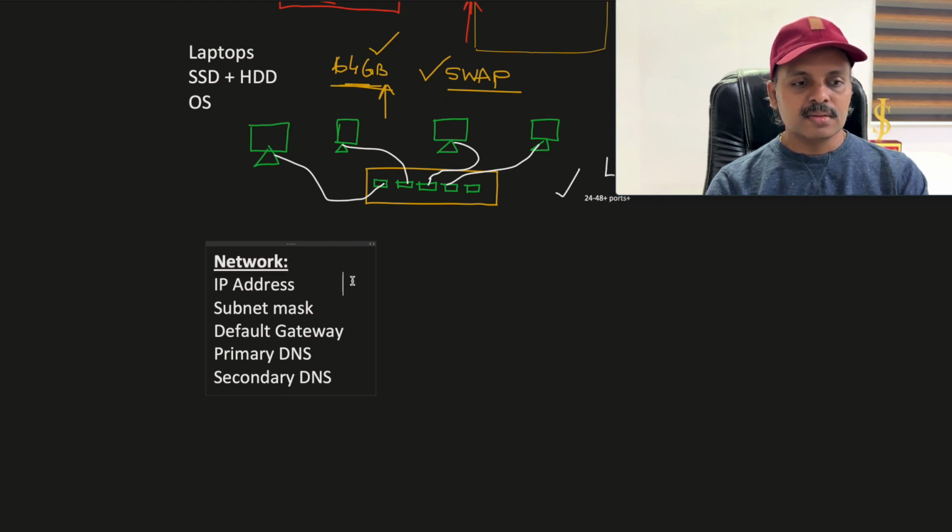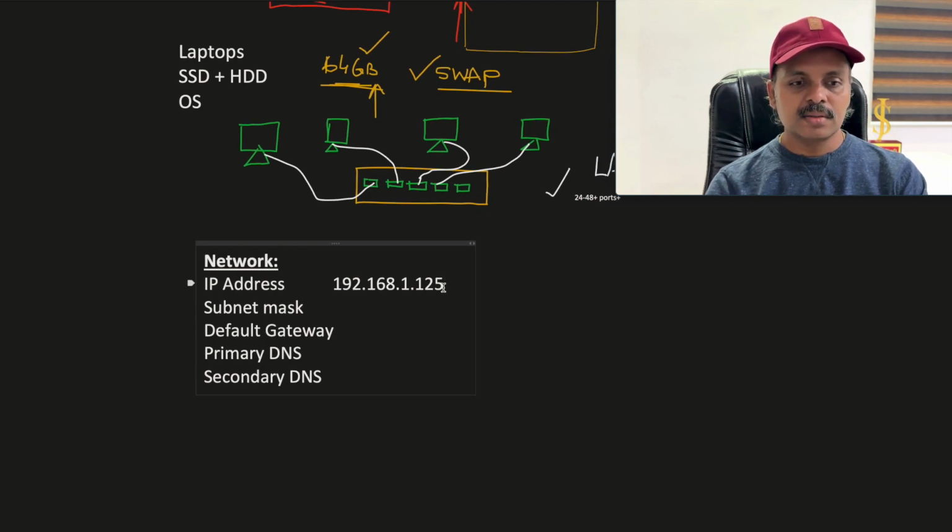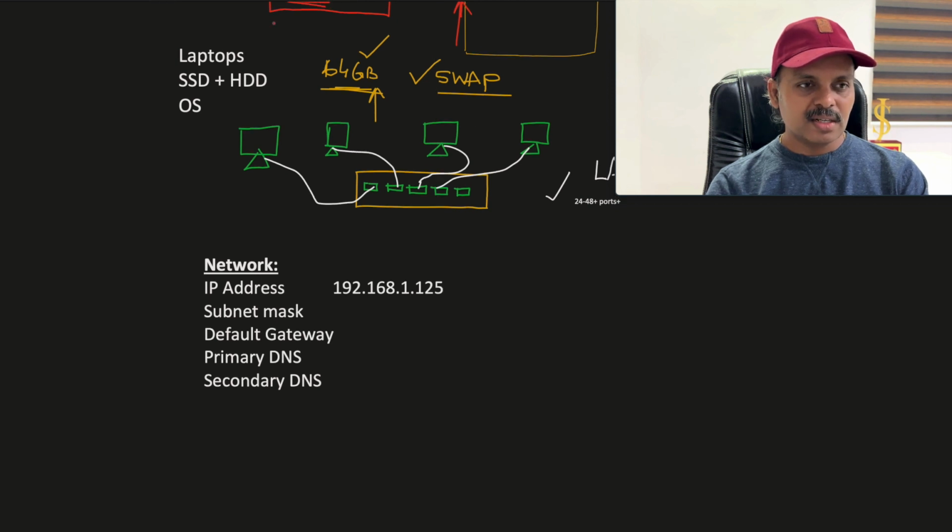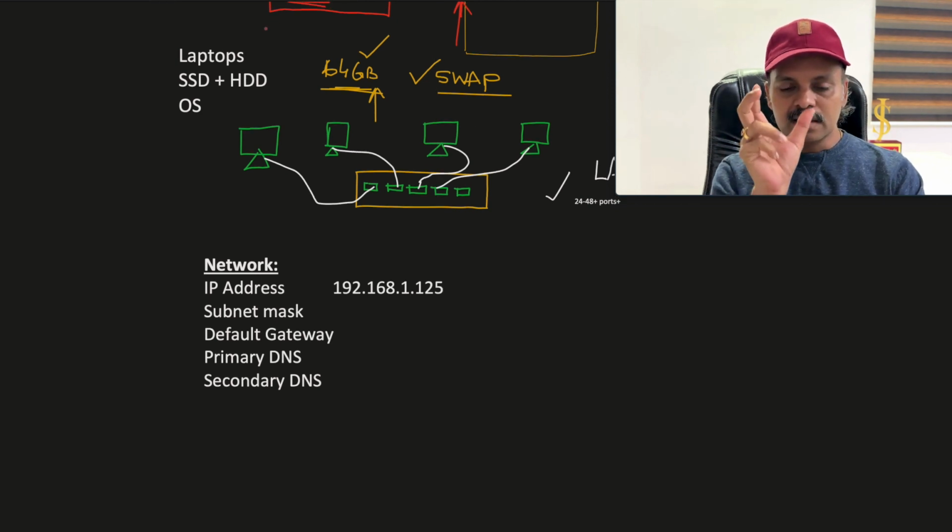For example, your IP address: if this is your machine 1 IP address, machine 2 can be 126 or 127 or anything like that. I'm not really talking in exact network terms.